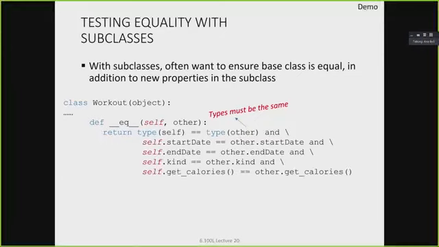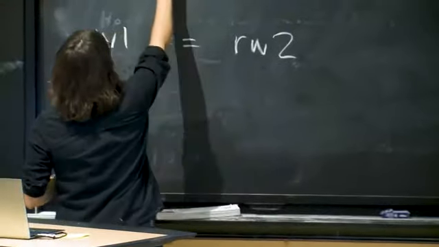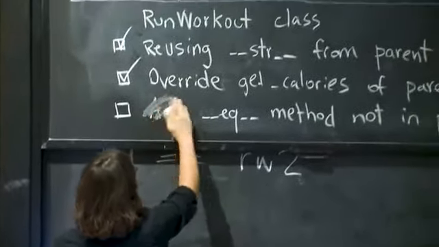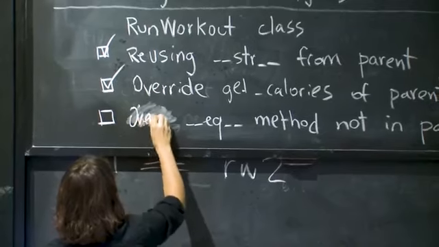So the start time, end time, the kind, and the get calories. So as long as all of these things are the same, I'm going to say that these workouts are equivalent. So this is the equal method in my workout. And then in my class run workout, I can actually override that method. So this should actually be add override, right? Just like the other one.